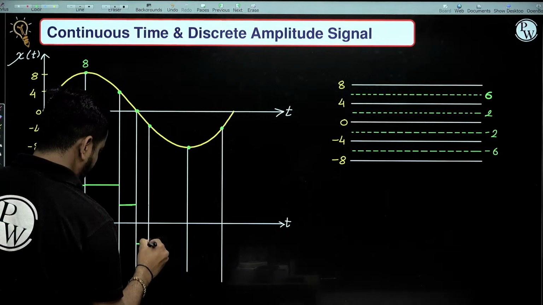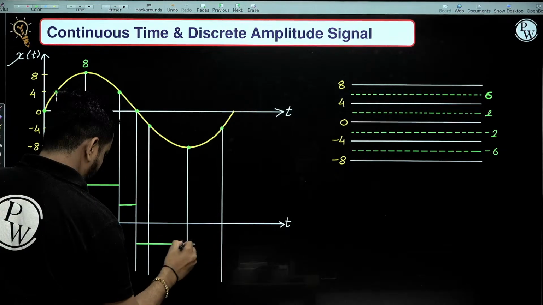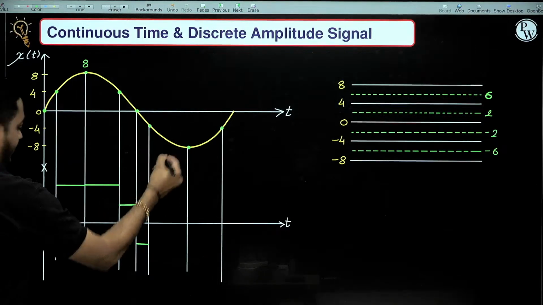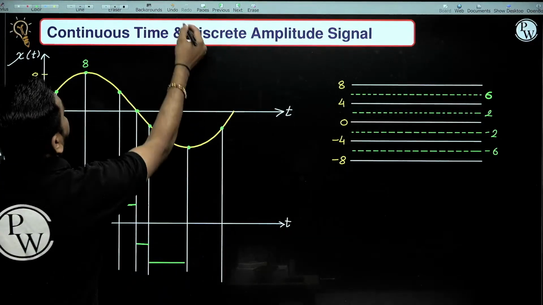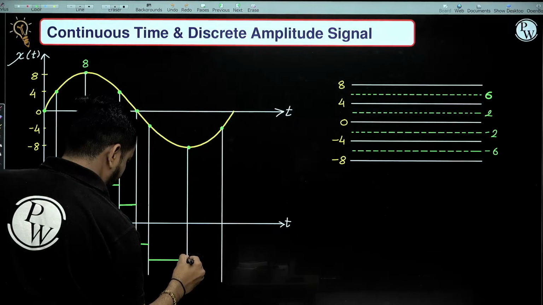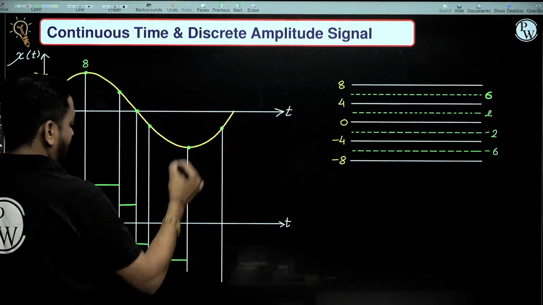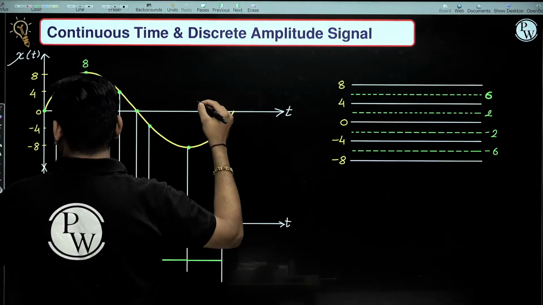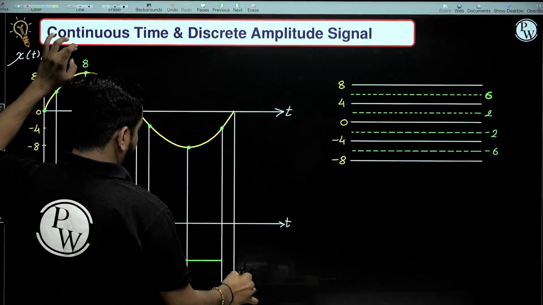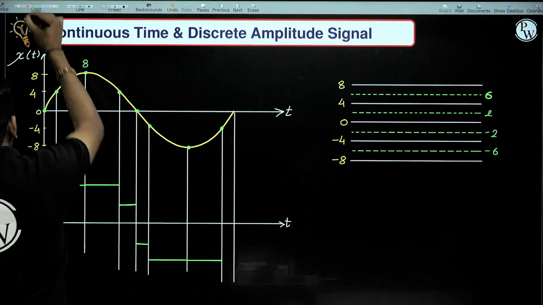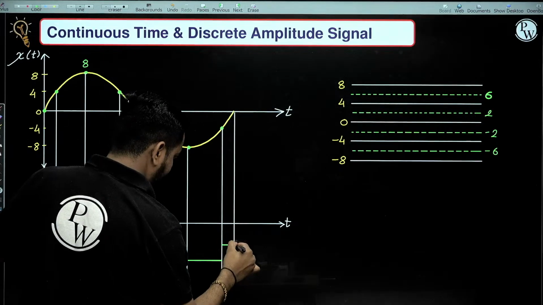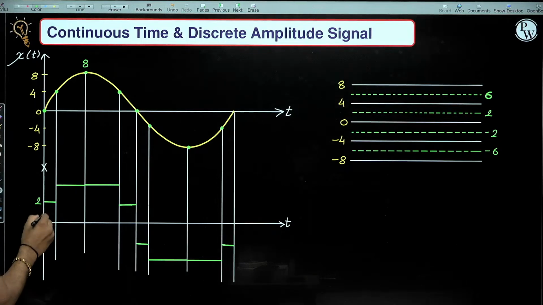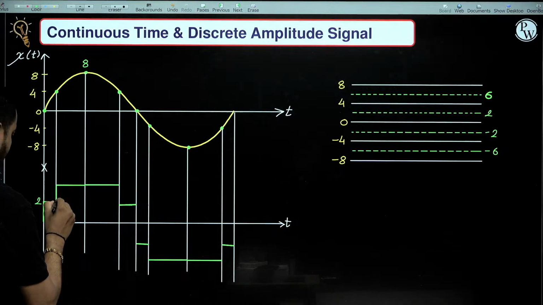Then between minus 4 and minus 8, output is minus 6. Then again between 0 and minus 4, and so on. Then make continuity like this, connect all the points.